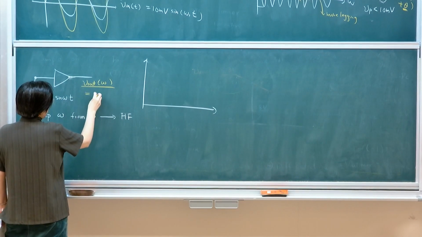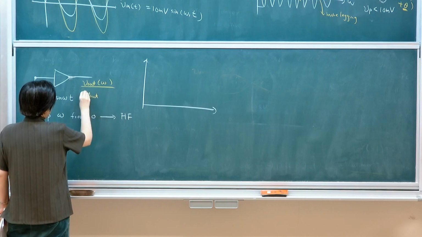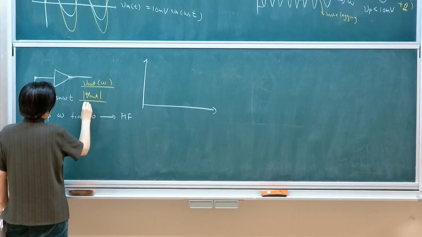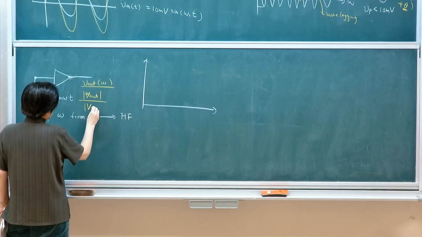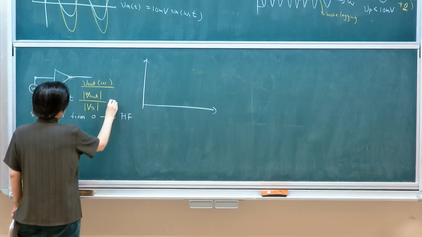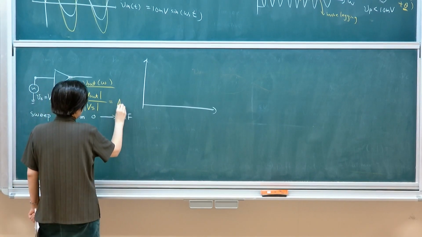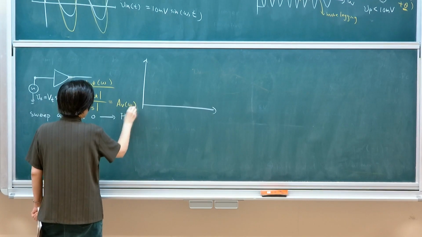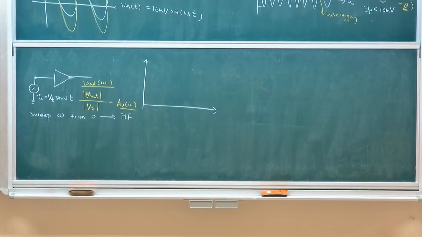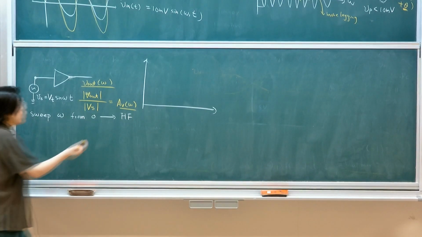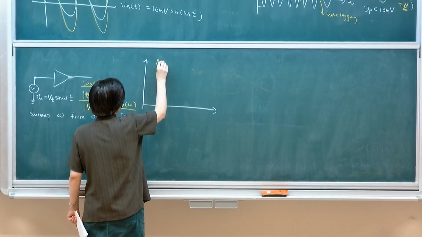This will then be with a magnitude, divided by the magnitude of Vs. This will then give me the voltage gain. So the voltage gain, instead of having a constant, will be represented as a function of frequency.